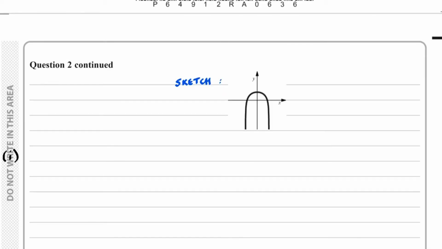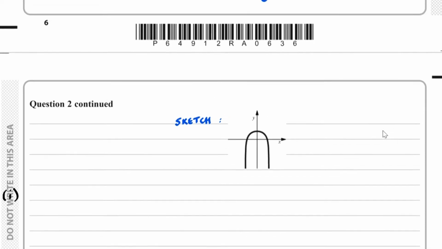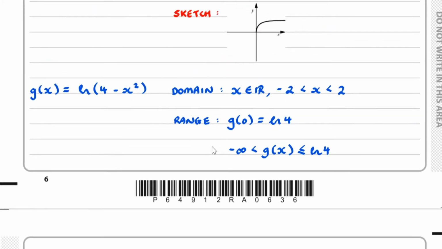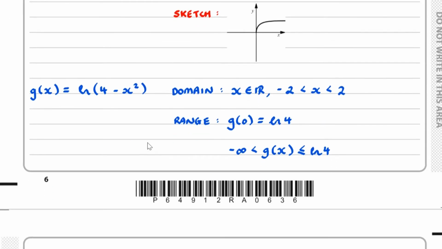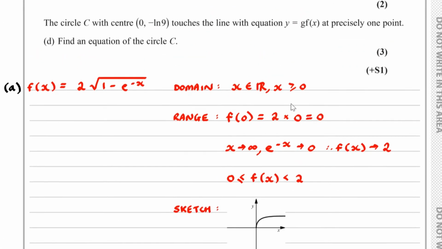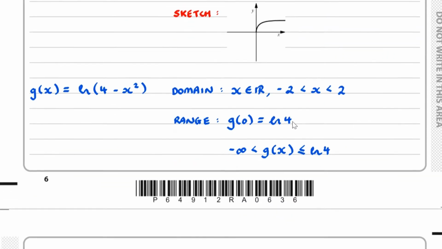So for the first part of part A, if we take a look at the range of g and the domain of f, well, what we're going to be doing is substituting in something from g into f. Now, with the domain of f, we are saying x is greater or equal to 0.